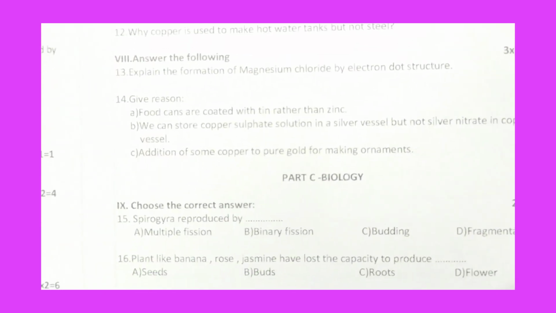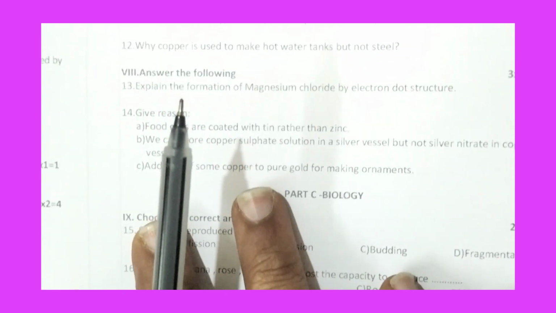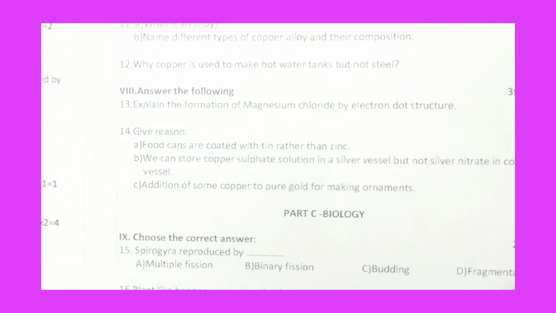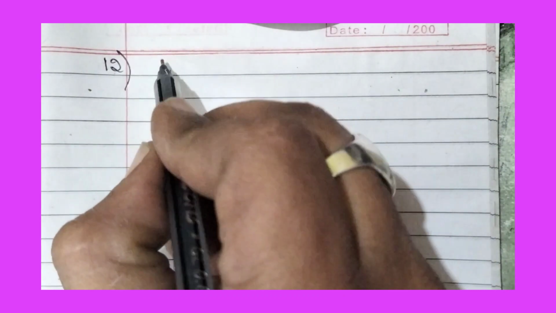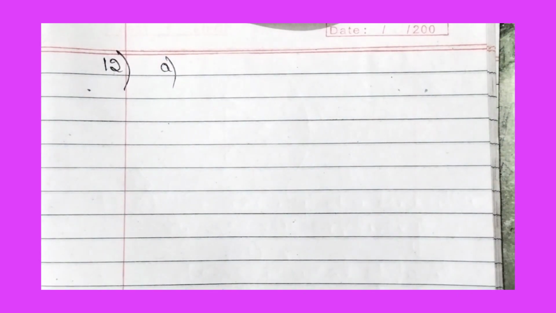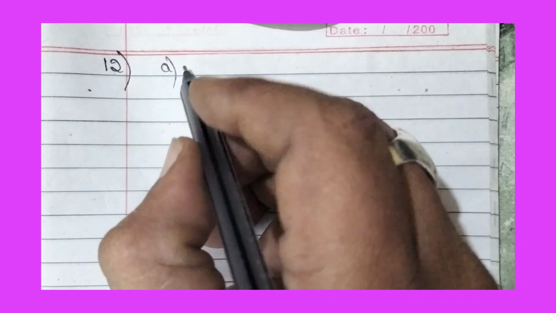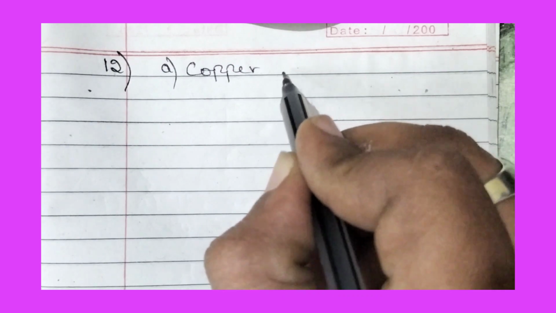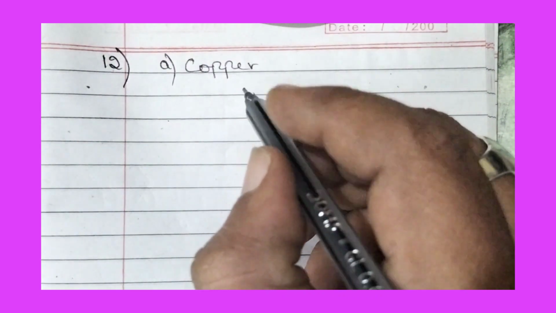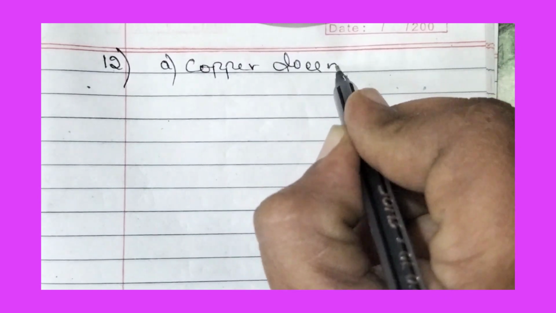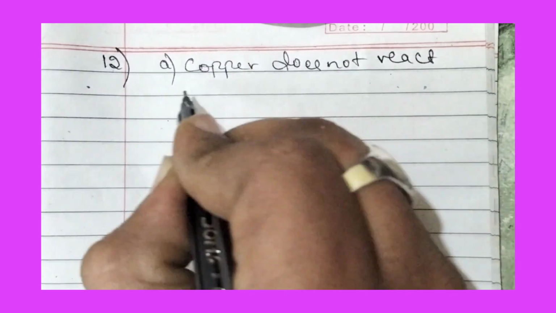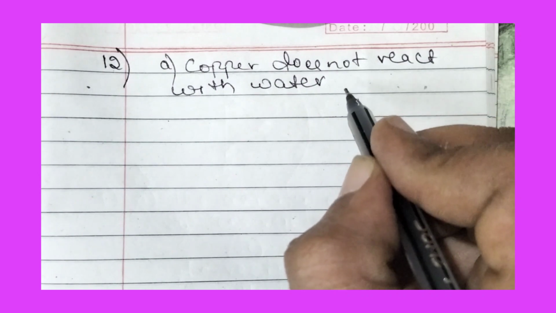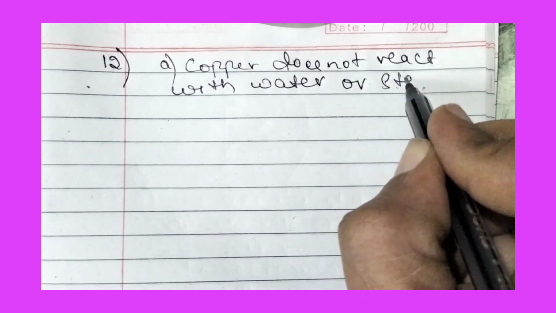Now let us move to question number 12. Why is copper used to make hot water tanks but not steel? So let us answer this question. Copper is used to make hot water tanks but not steel, because the first reason is copper does not react with water or steam.